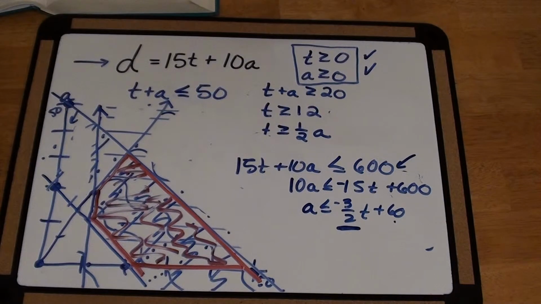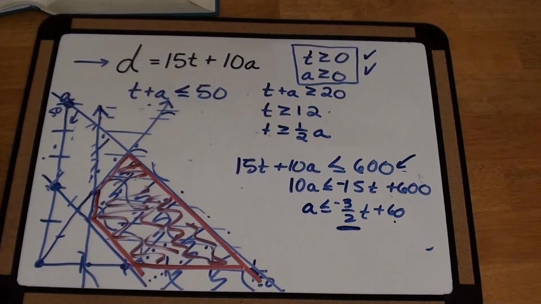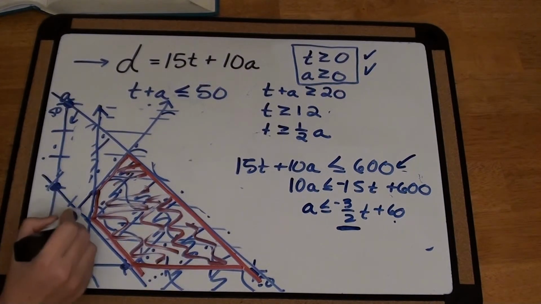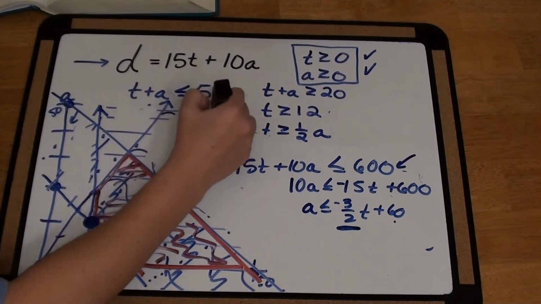What they're talking about is you're looking for the minimum number, the smallest point. The optimal point is going to be at a vertex of two of these lines that are over here. So they're saying the optimum point is right here. That's where the line t is greater than or equal to 12, this line.